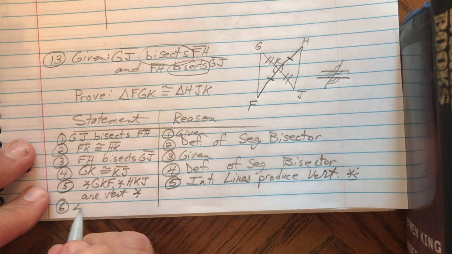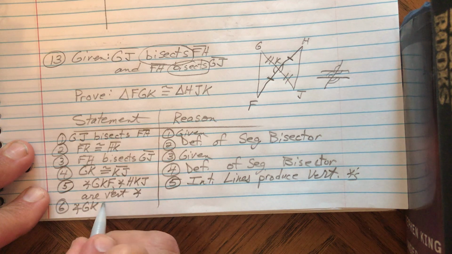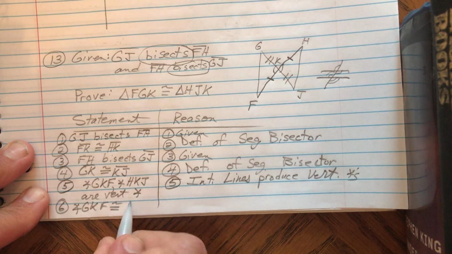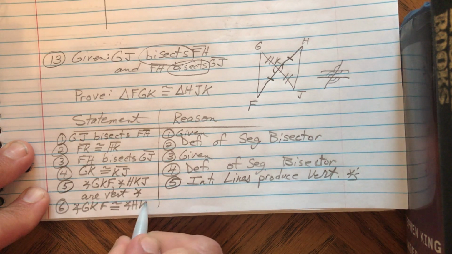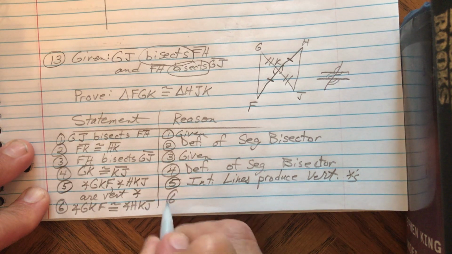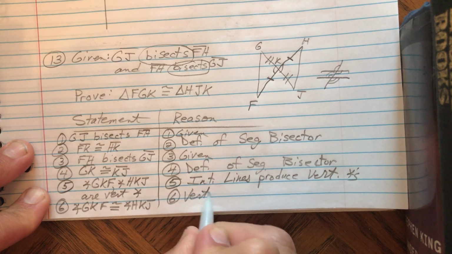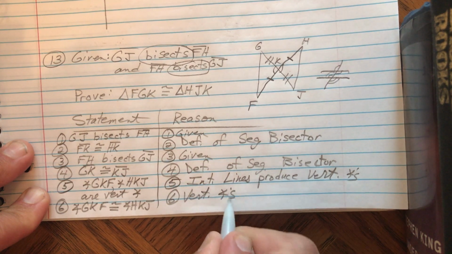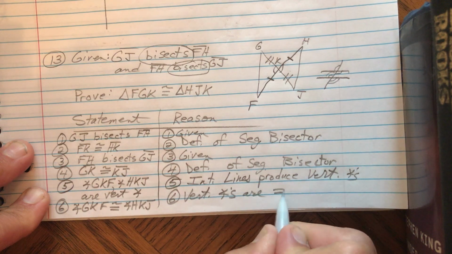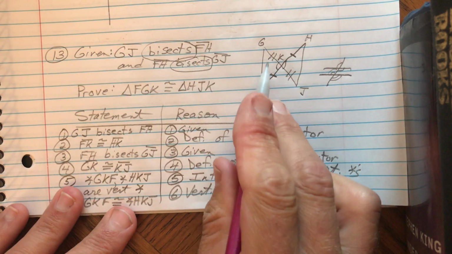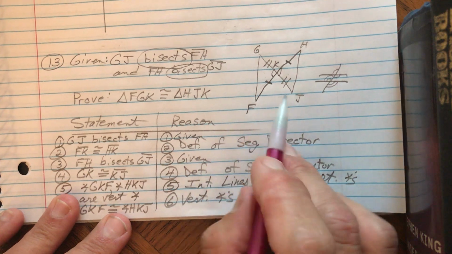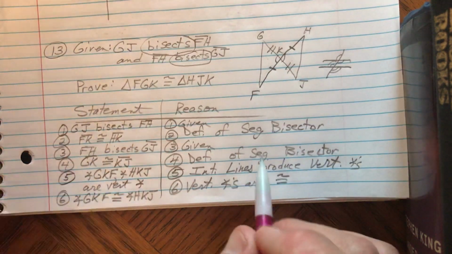And then we could say angle GKF is congruent to angle HKJ. Vertical angles are congruent. Now finally, we could say that these two triangles are congruent because of side angle side.